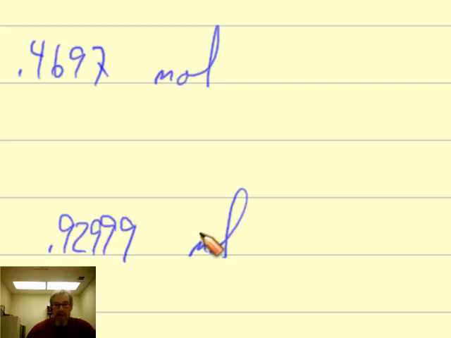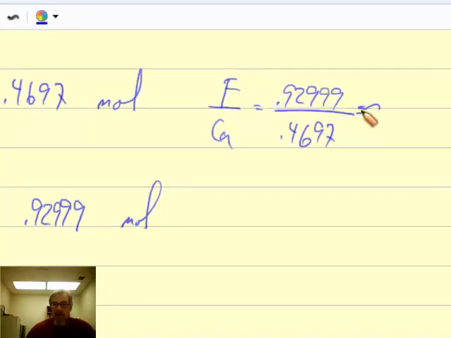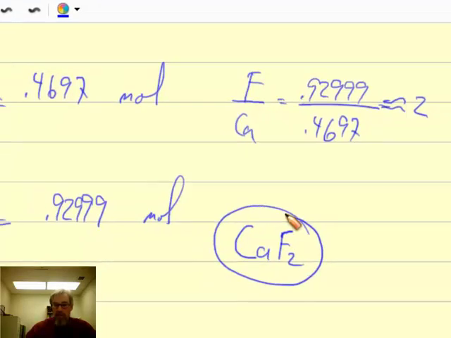I'm picking the smallest number of moles, which is the calcium number, and I now want to find the ratio of fluorine to calcium by taking 0.92999 moles and dividing it by 0.4697 moles. This ratio comes out really, really close to 2. And so that would bring me to the conclusion that there are 2 fluorines for every 1 calcium, and that must be my empirical formula.